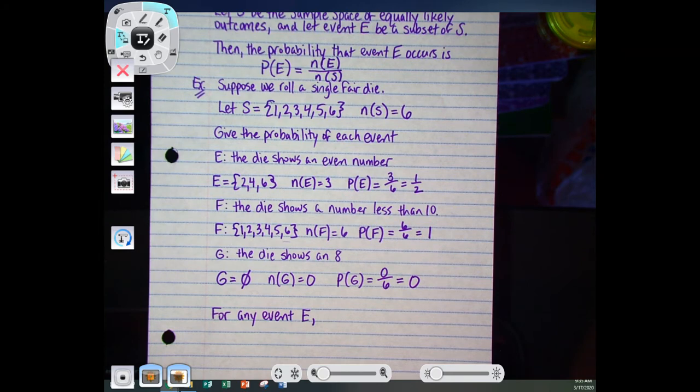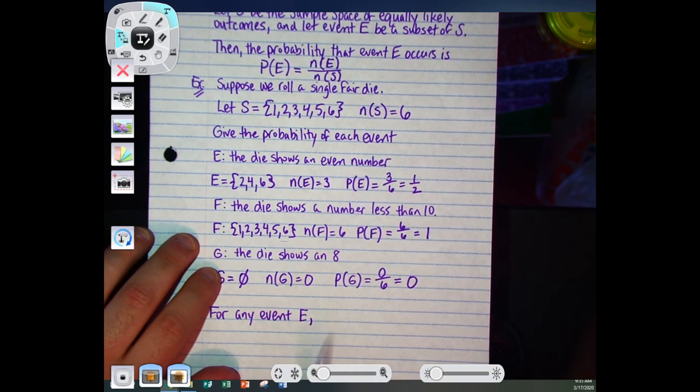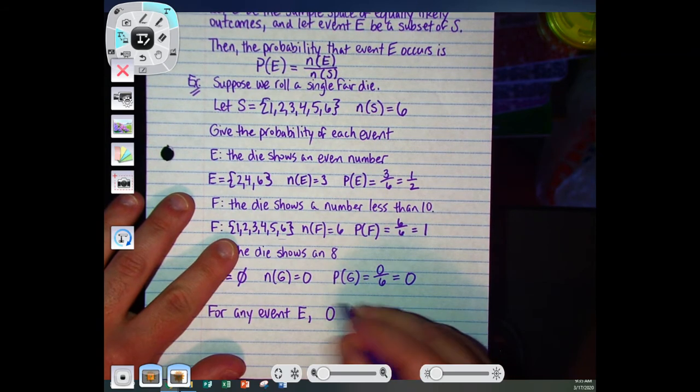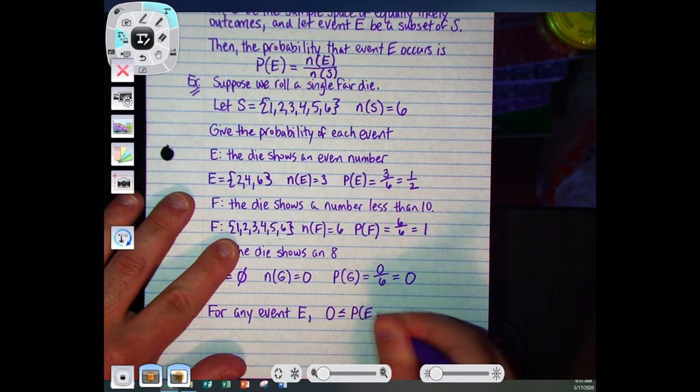Now, with that said, basic probability tells us that for any event E, the probability of E is always going to be between 0 and 1.